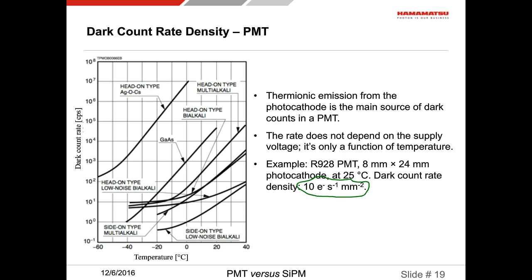I've calculated dark count rate density for a typical PMT at 25 degrees Celsius. And here we see that one can have about 10 electrons per second per millimeter squared for this typical PMT. Admittedly, there are PMTs where the rate will be much higher, and it could be much lower if a PMT is cooled. But let's think of this as sort of typical or possible.